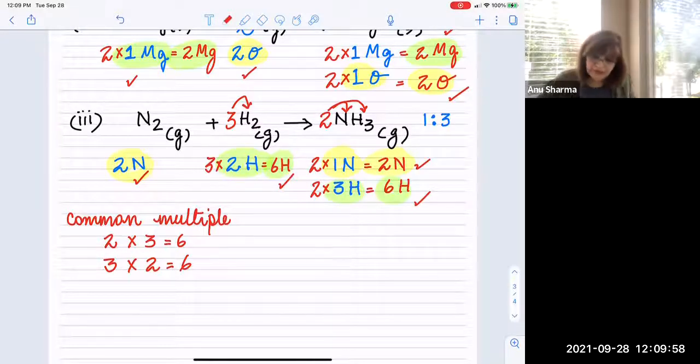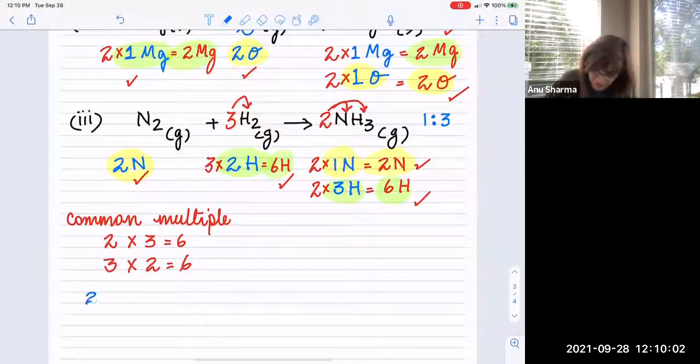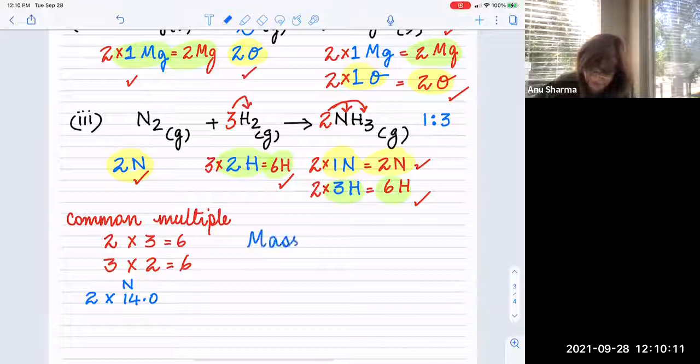And just for fun, let's do the weight. So we have 2 times nitrogen, 14.0. That's the mass. Masses are also the same. The masses on the reactant side are equal to the masses on the product side.